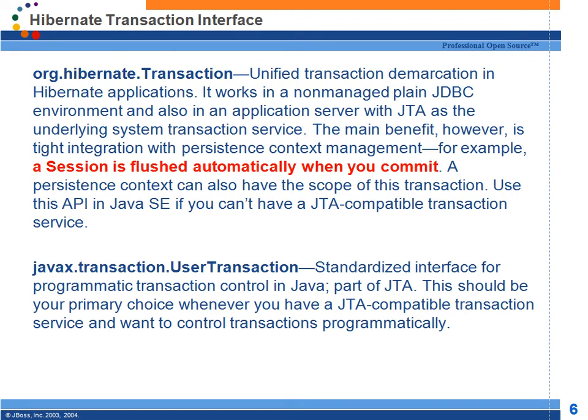What is the advantage if you are using org.hibernate.Transaction? The main benefit is tight integration of this transaction object with persistence context management. A session is flushed automatically once you commit. We have written a lot of programs till now.